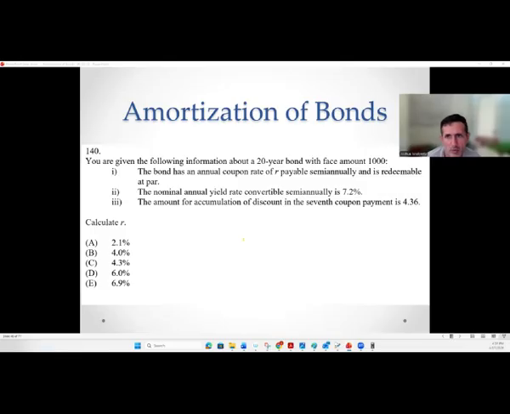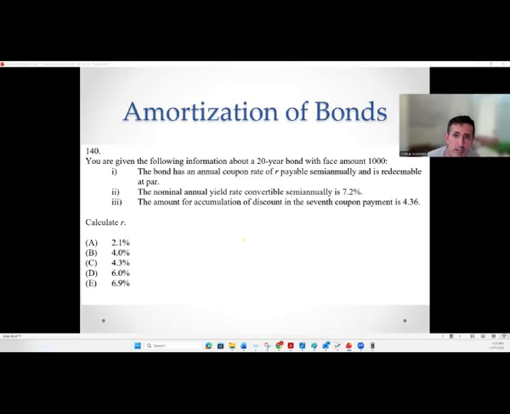But it says semi-annually, so it's semi-annual nominal. Redeemable at par. Yield rate semi-annual 7.2%, so it's nominal semi-annual.